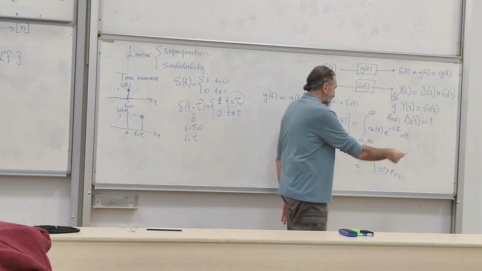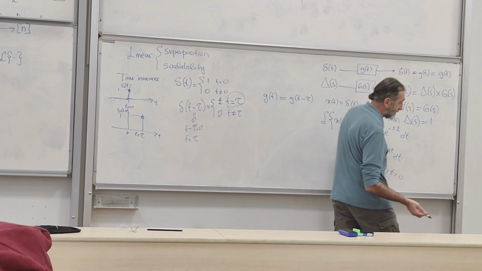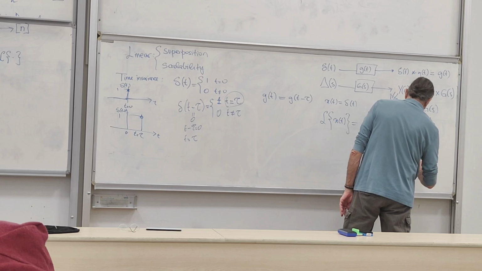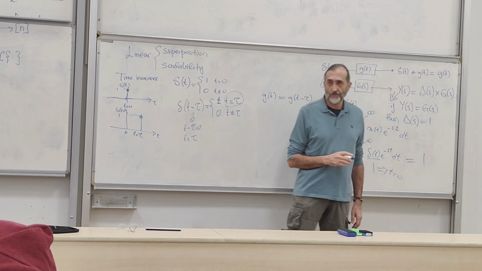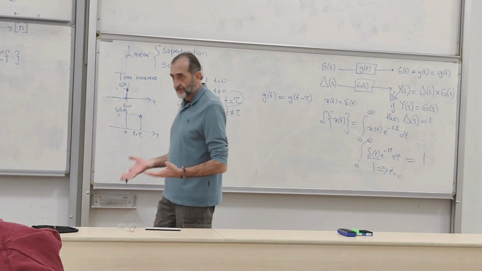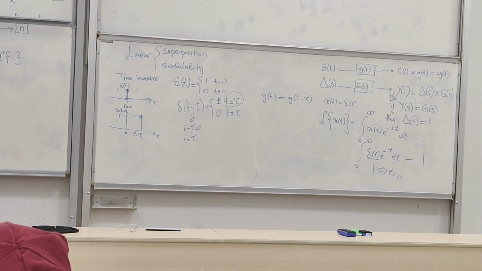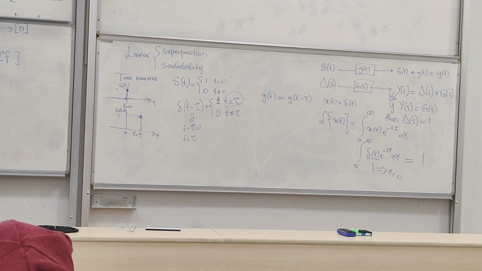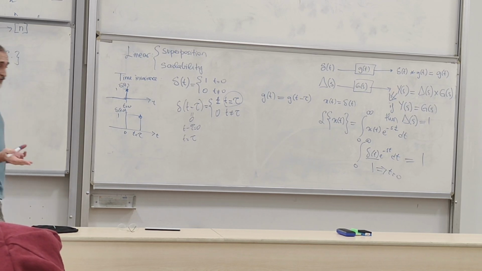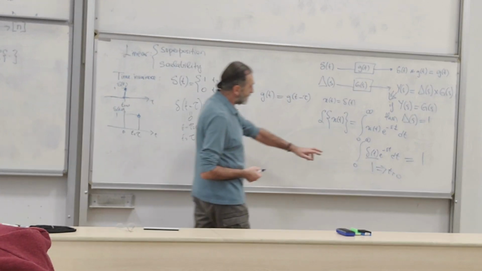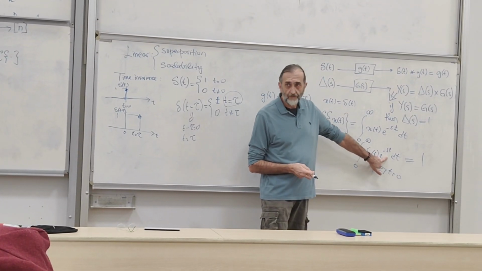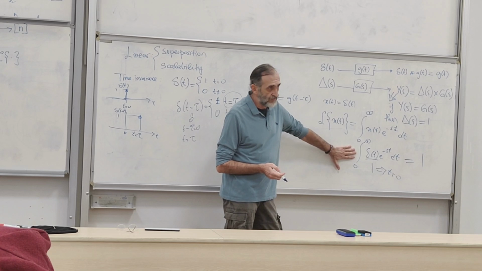So all I have is 1. There's no integral anymore, so therefore this is equal to 1. Okay? That is the Laplace transform of delta of t. It follows immediately by the definition of delta. Alright? Delta does two things. One, it reduces this to 1, and it collapses the integral.